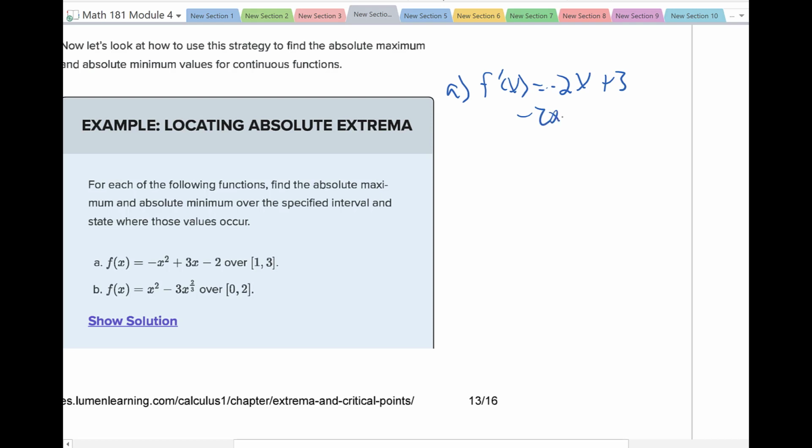Set it equal to 0. That's negative 2x equals negative 3, so x equals 3 halves. So I'm going to look at f of 1, f of 3 halves, and f of 3.